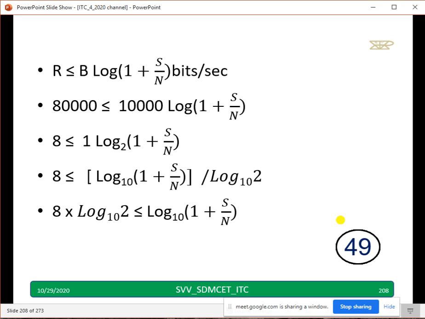Now base 10 you have to take, no need to multiply directly. 3.3 something is what you used to do. When base 10 is there, using your calculator, you can find out. And you can share the answer in the chat box.